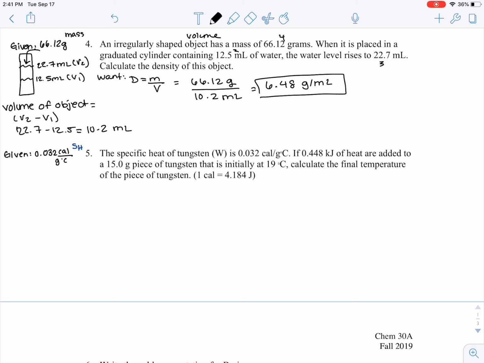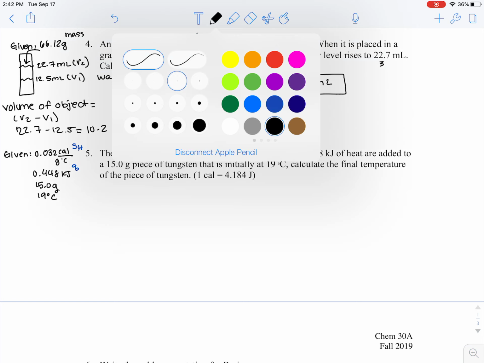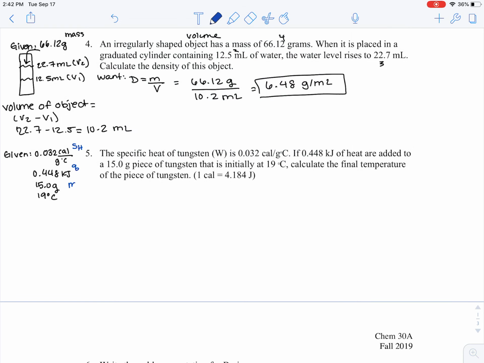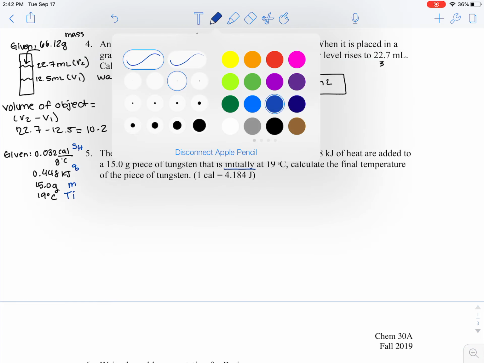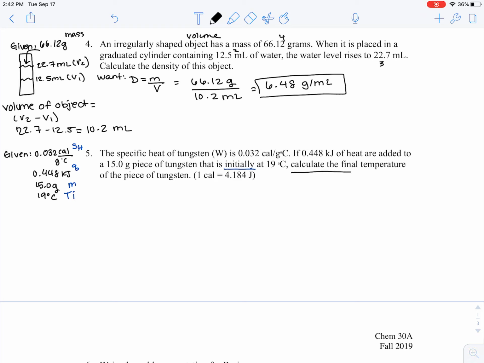Then I'm given 0.448 kilojoules. This is my heat, Q. Then we have 15.0 grams, 19 degrees Celsius. So we are told that we have the mass of 15 grams and initially 19 degrees Celsius, so T initial. And you want to calculate the final temperature. So you want T final.